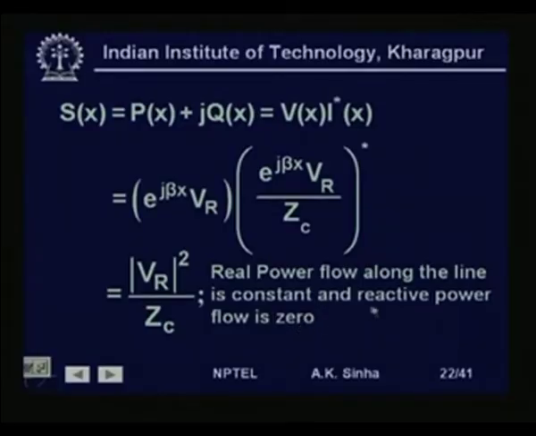So, whatever power is sent from the sending end, we receive the same power at the receiving end, and real power all along the line is constant. Also, a very important characteristic of a lossless transmission line terminated into its characteristic impedance is that reactive power flow is 0.